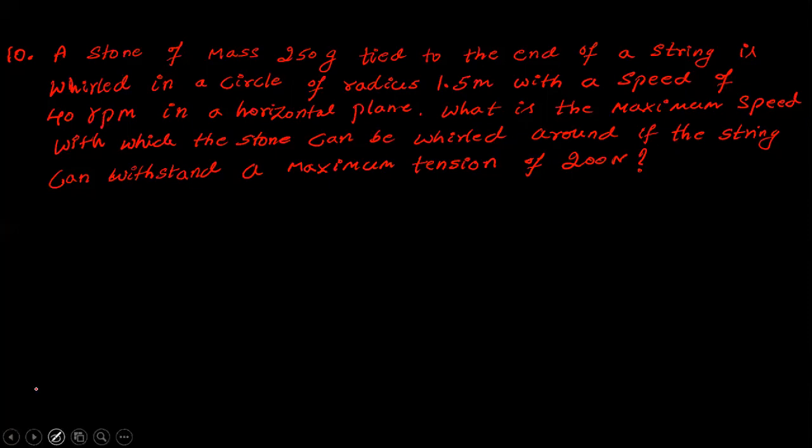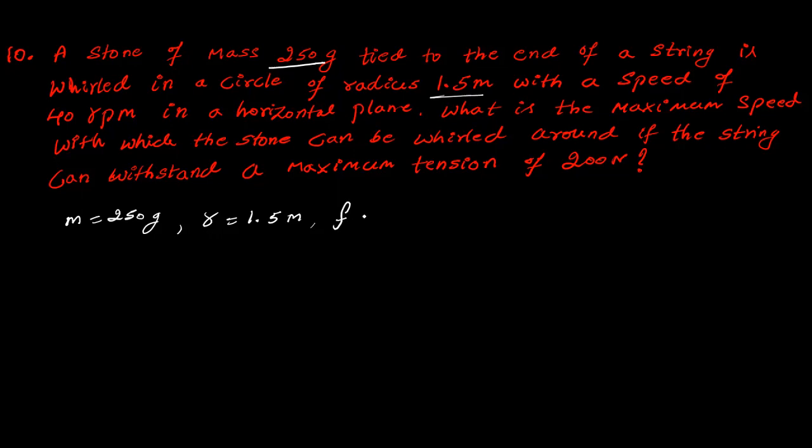Here is the problem. A stone of mass 250 gram, okay, mass is given, is tied to the end of a string and is wheeled in a circle of radius 1.5 meter, with a speed of 40 rotation per minute. Per minute, that is the speed.